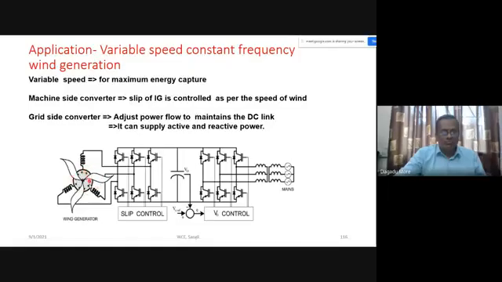So by knowing the wind turbine speed or rotor speed, we adjust the frequency of this PWM rectifier in such a way that our slip will be such that we can get the maximum possible power from the induction machine.